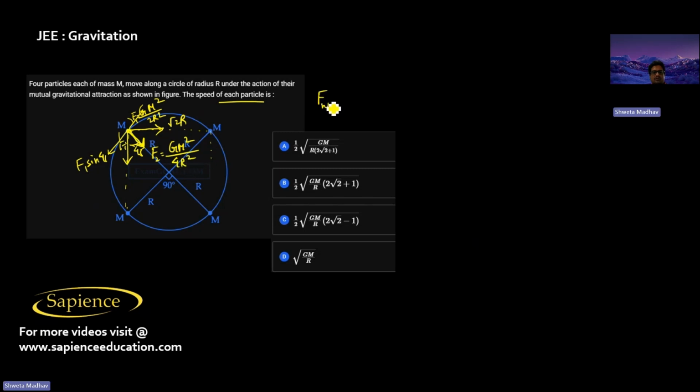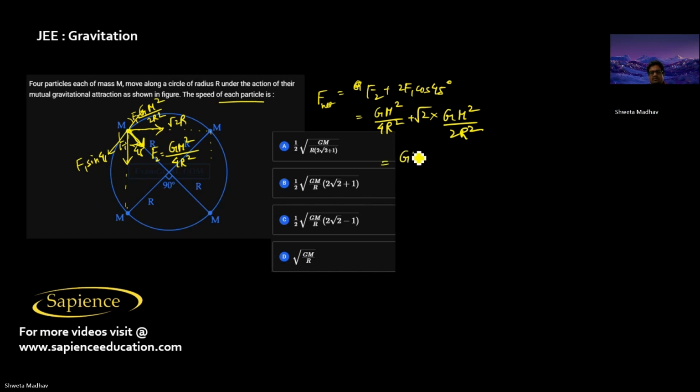So the net force on mass m is equal to F2 plus 2 F1 cos 45. F2 is Gm square by 4r square plus 2 into F1. Since cos 45 is 1 by root 2, 2 into 1 by root 2 is root 2. Root 2 into F1, that is Gm square by 2r square.